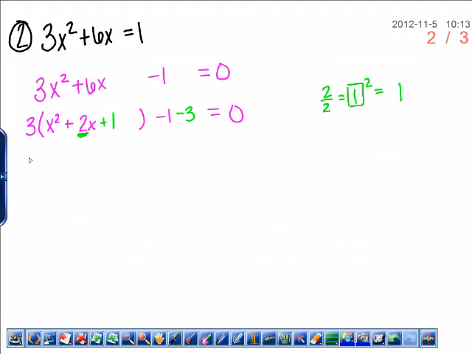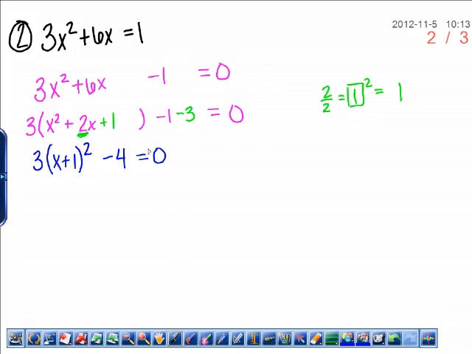How do I rewrite this? Three times x plus 1 squared minus 4 equals 0. All right, now if my goal is to solve, now I'm going to start isolating my x.